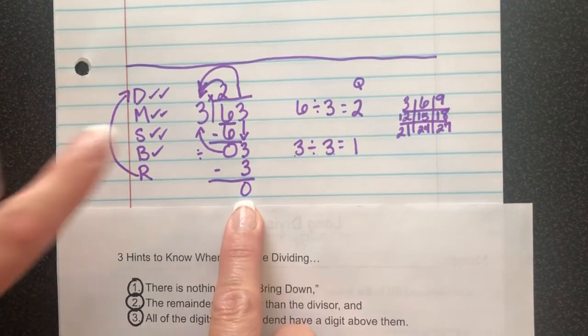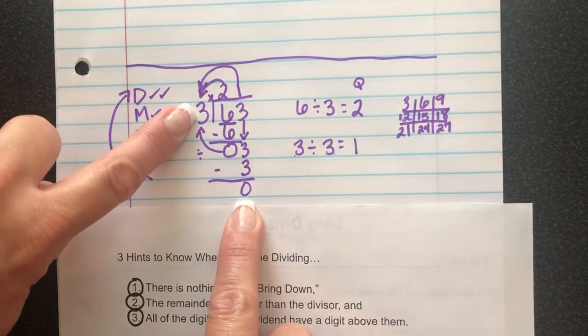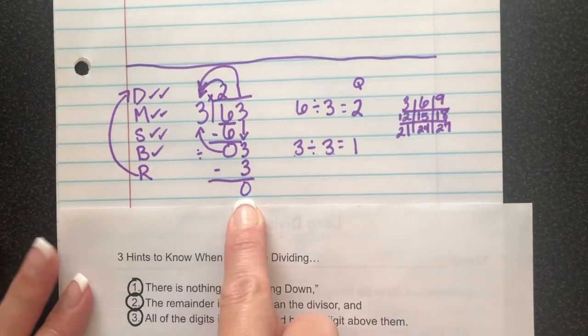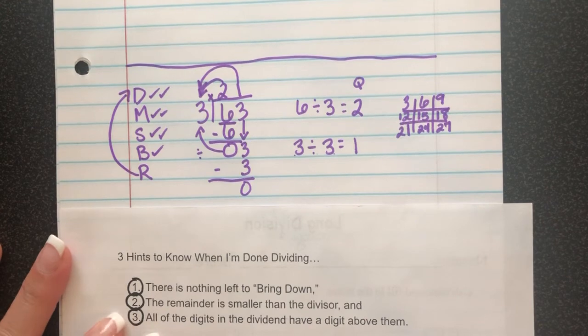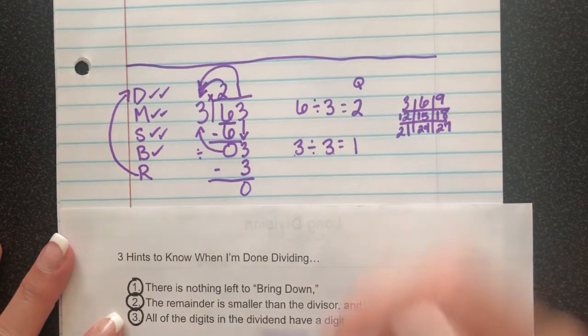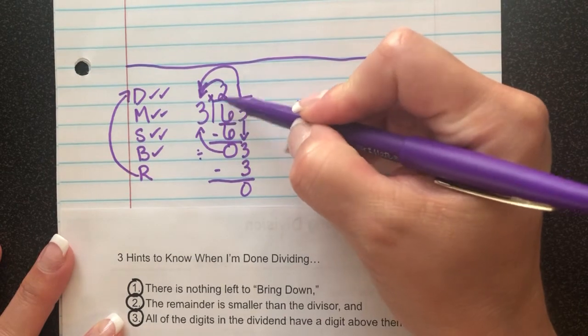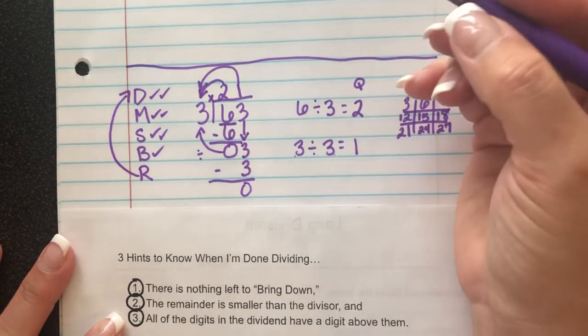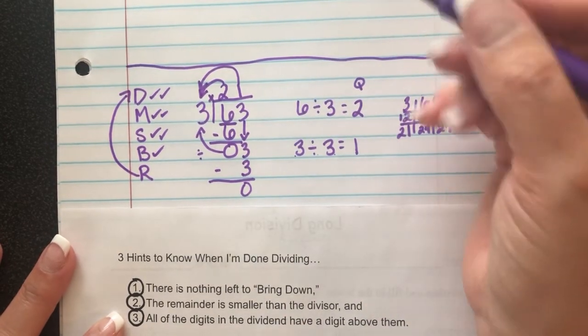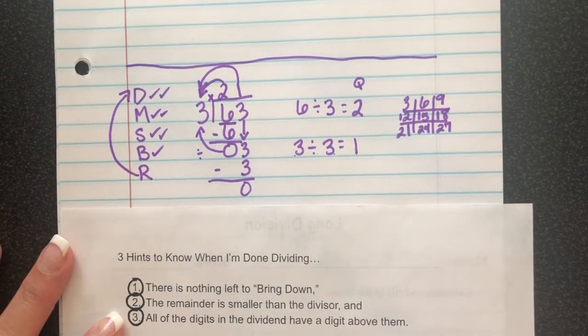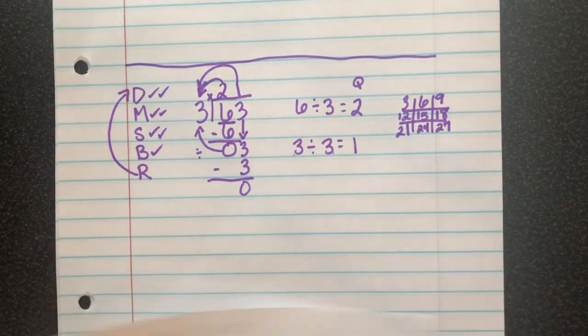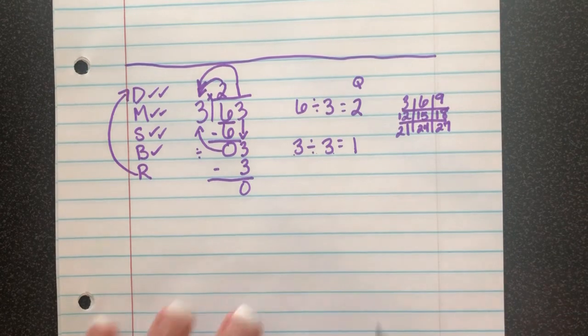My remainder is 0. My divisor is 3. So yes, it is smaller. Now clue 3. All of the digits in my dividend have a digit above them. The 6 has a 2 above it and the 3 has a 1 above it. So we were able to say yes for all 3 of those. So I am done except for checking.